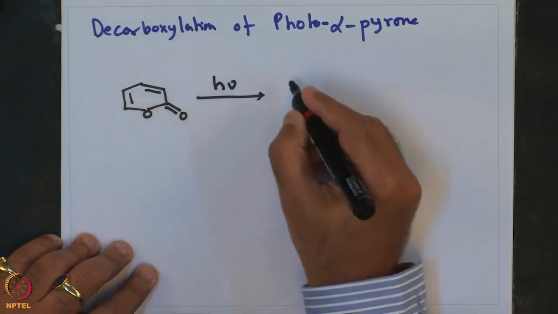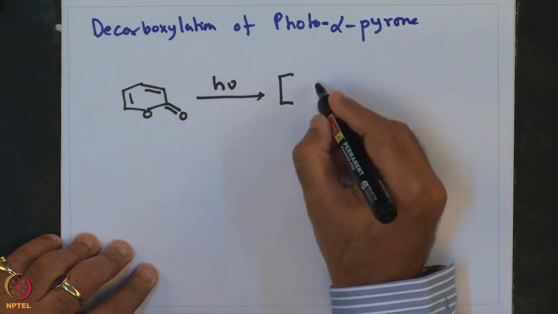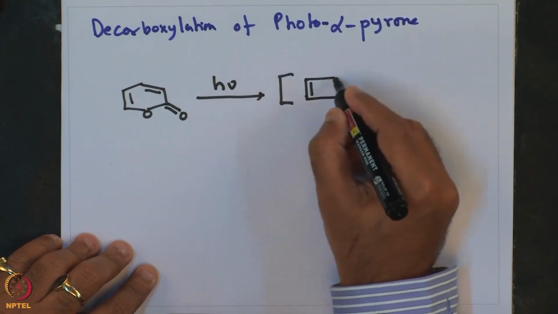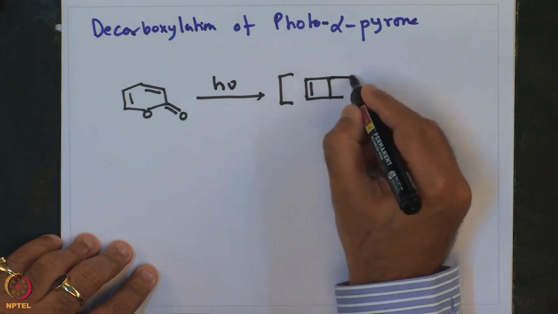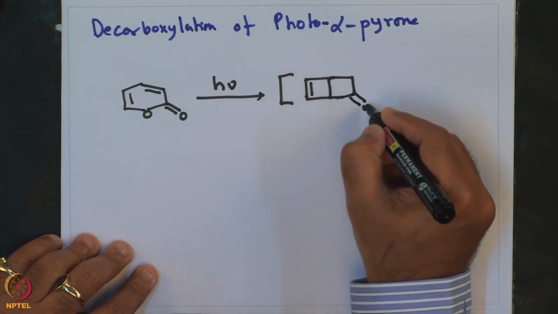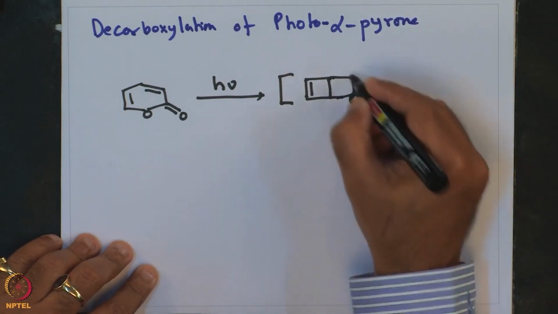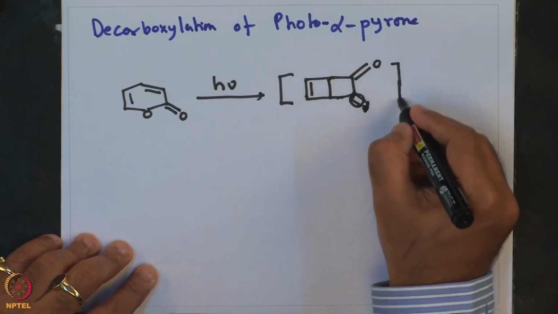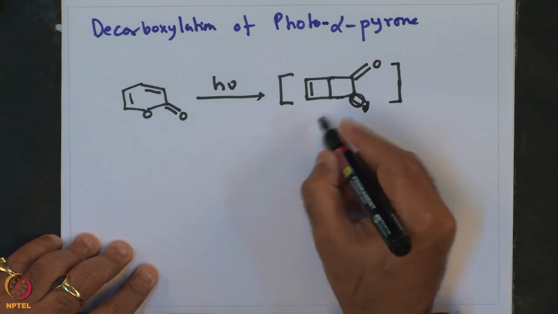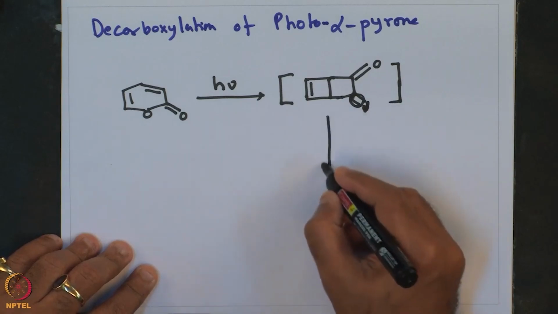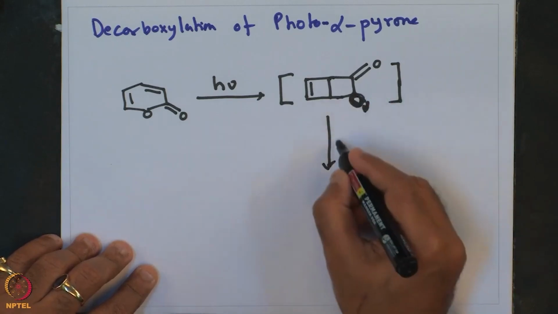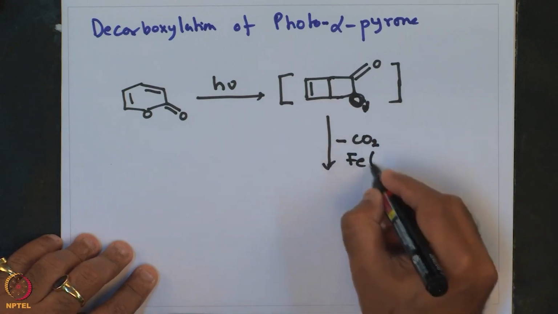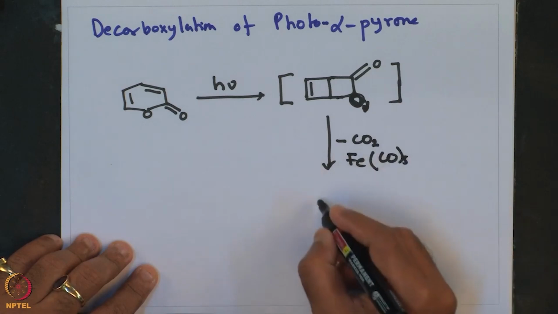In the presence of light, it gives this intermediate, and that loses carbon dioxide in the presence of Fe(CO)5.